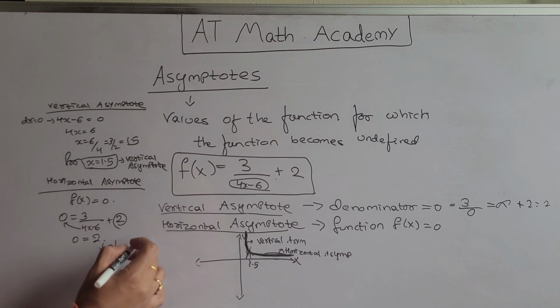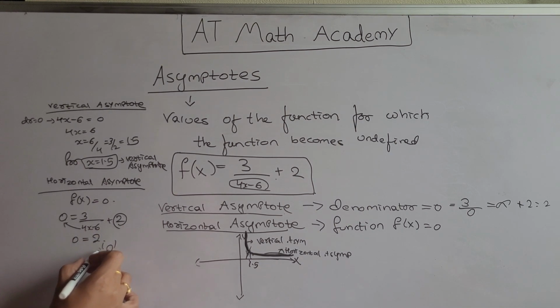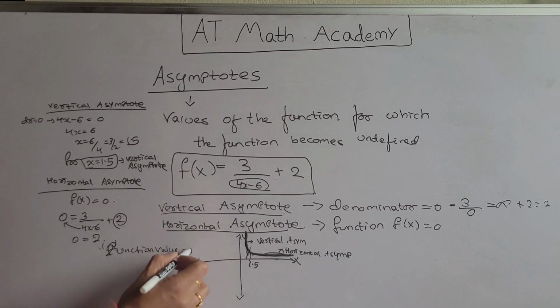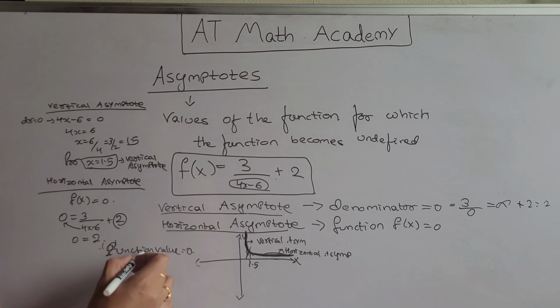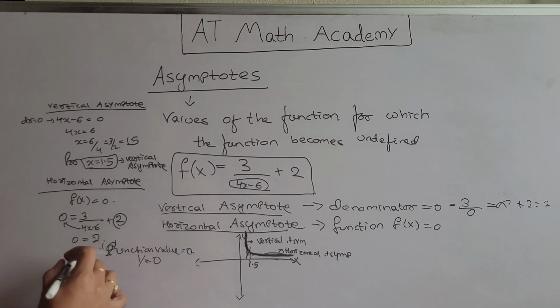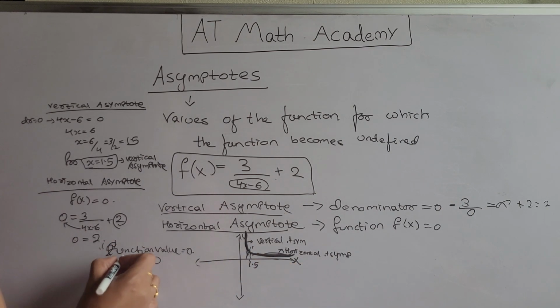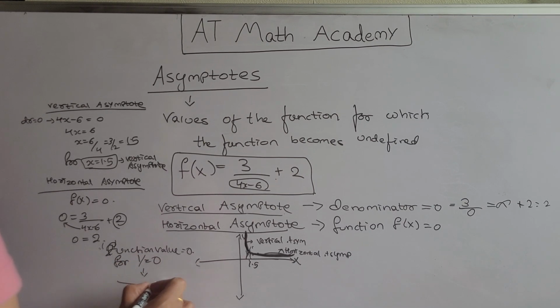which means 0 equal to 2 shows that the function value will be 0. So for y equal to 0 we are getting the continuous graph over the x-axis like this, which is the horizontal asymptote.